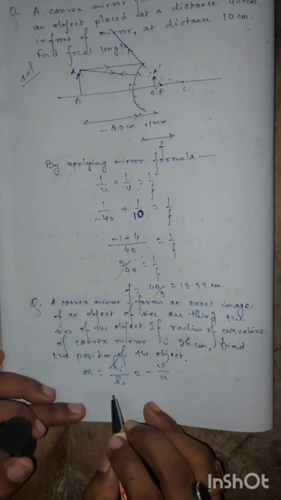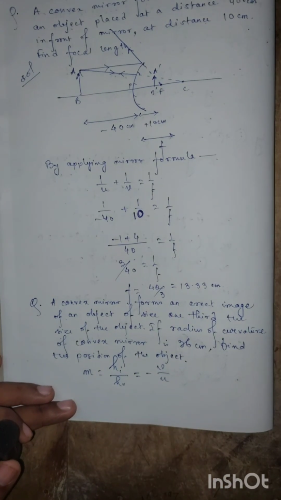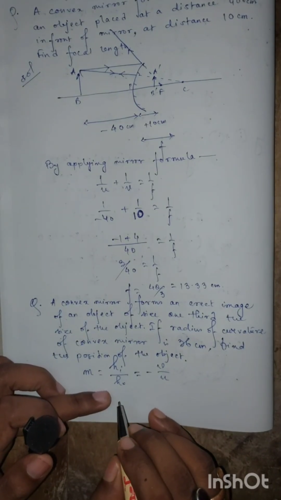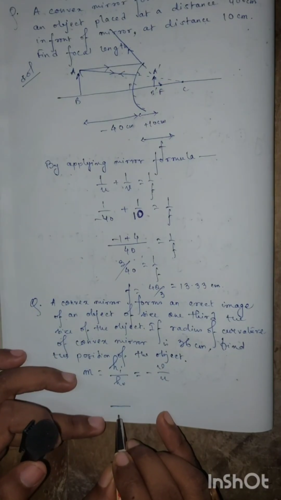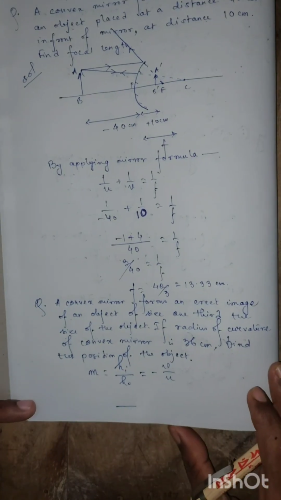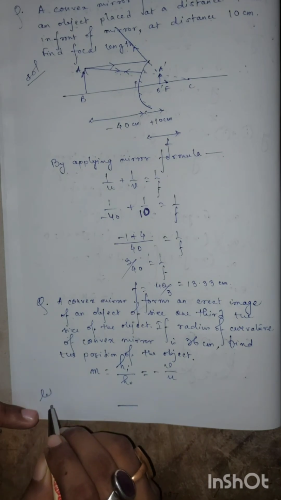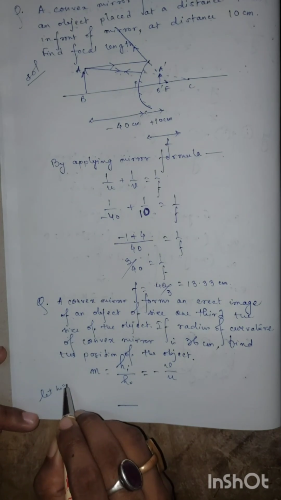Now the height of image, if the height of the object is x, let height of the object be x.